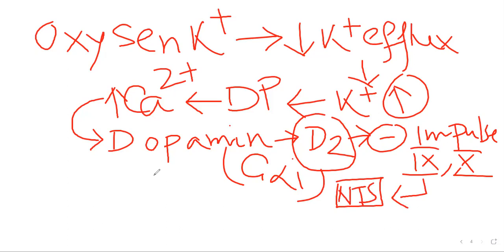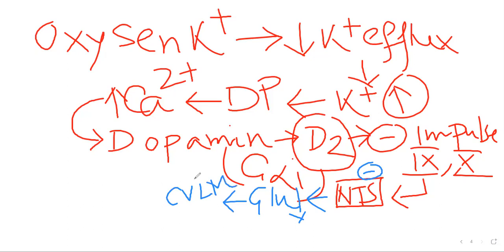So from our previous knowledge, as it is an inhibitory signal, the NTS will not be stimulated, rather it will be inhibited. If it is inhibited, then it will release less glutamate from the nucleus of Tractus solitarius. So decreased glutamate release will lead to decreased excitement of the caudal ventrolateral medulla.